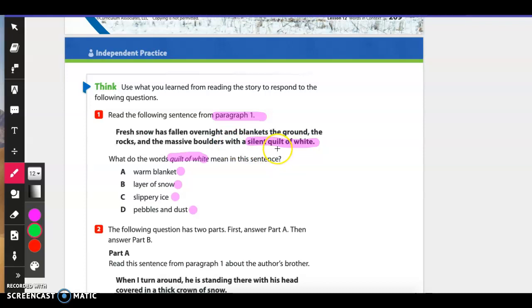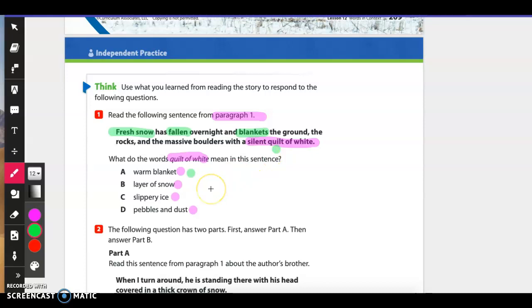But think, quilt. Is there really a warm blanket on top of the rocks and the boulders? Notice the words fresh snow, fallen, and blankets the ground. Blanket is the same word as a quilt. A quilt is a blanket.